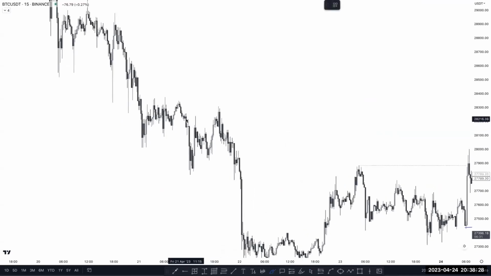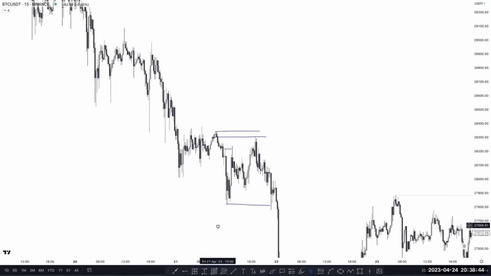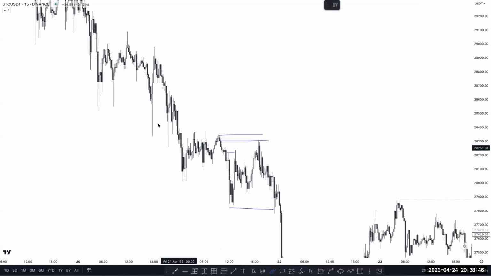Similar thing is here: taken out the inducement, mitigate order block and sell. This is our target. When the low is swept here, you can see the market gives a short term move to the upside because the market is bearish. When the high is swept here, then the market gives you momentum to the downside because the pro trend is bearish.